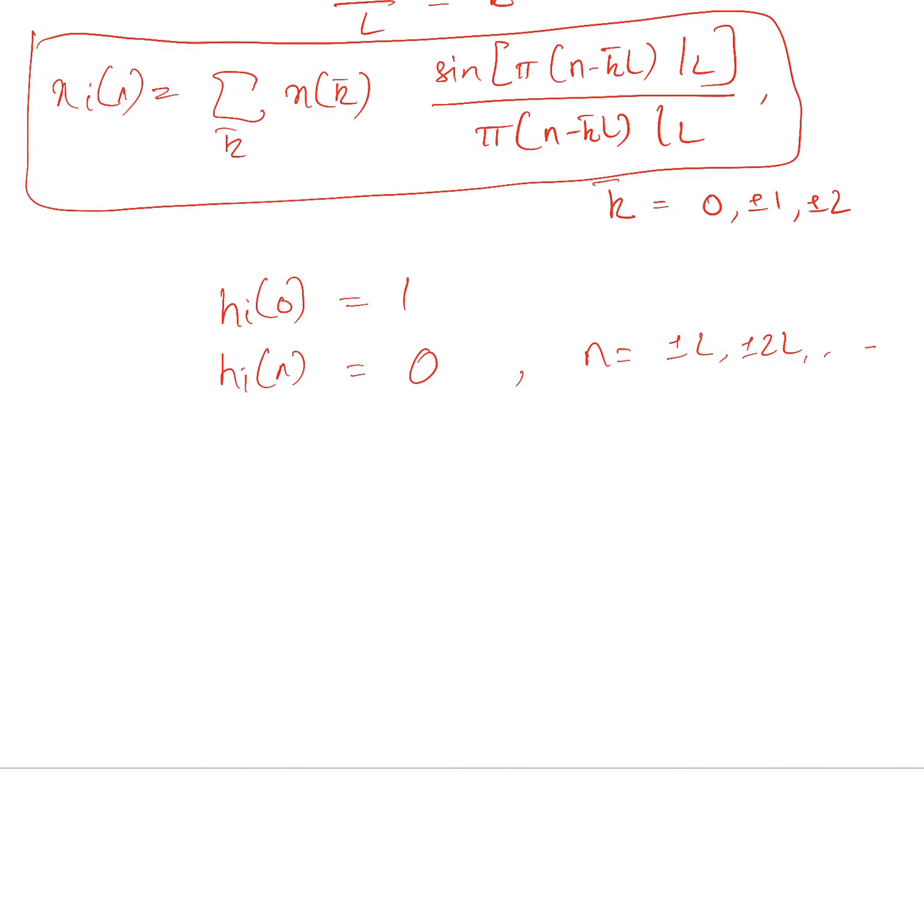So for the ideal low pass interpolation filter, we have xi of n equal to x of n by L, which should be equal to xc of n T by L, and finally xc of n T for n equal to 0, plus minus L and plus minus 2L and so on. So this is how you can increase the sampling rate of the discrete time signal by an integer factor L.